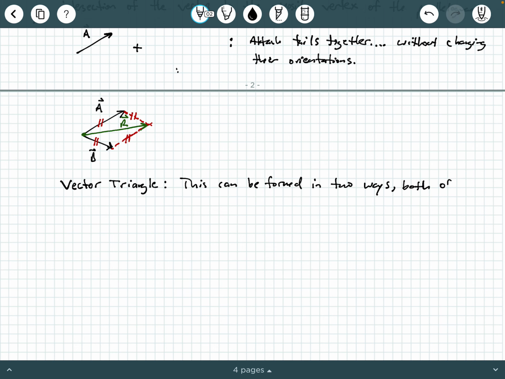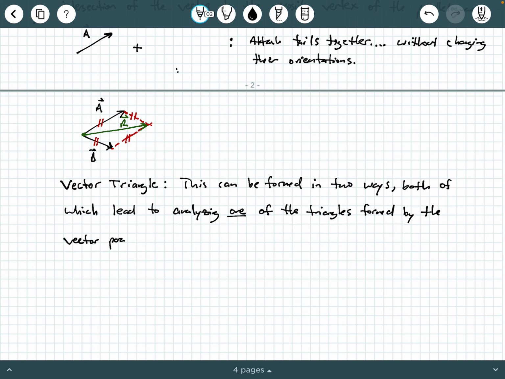Both of which lead to analyzing one of the triangles formed by the vector parallelogram, okay?